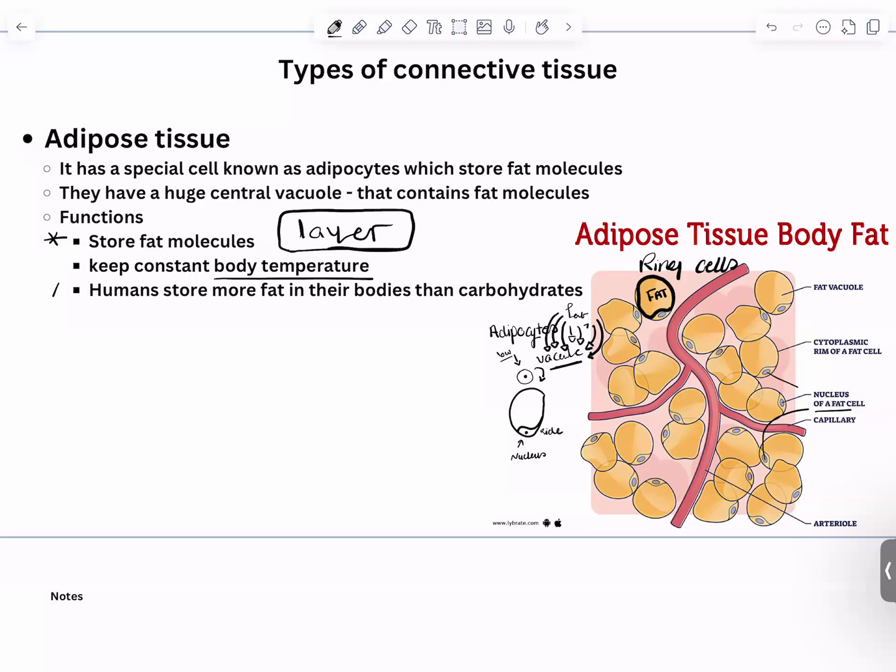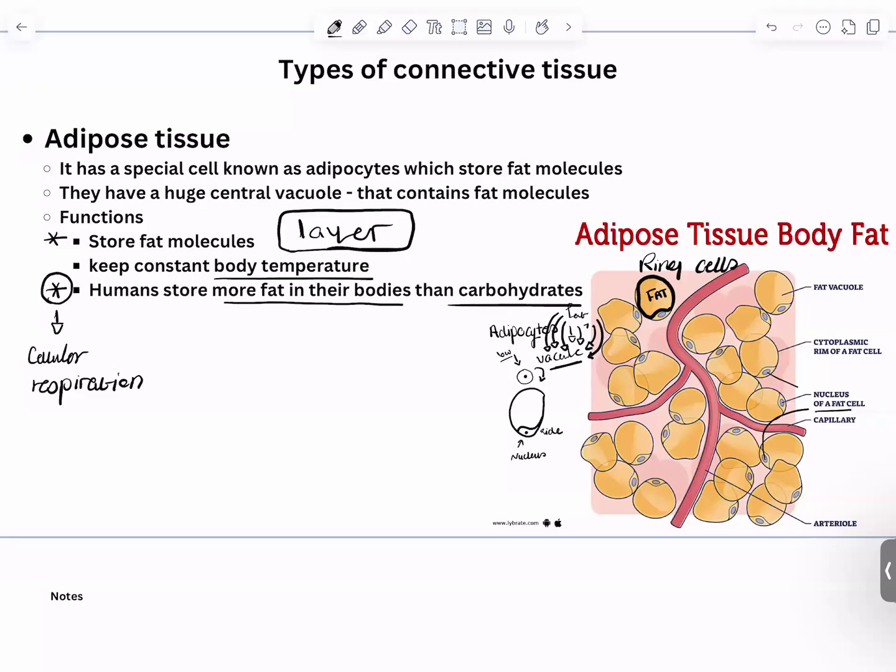And I wrote a sentence here that we will understand in cellular respiration. But I want you to read it. We say that humans store more fat in their bodies than carbohydrates.